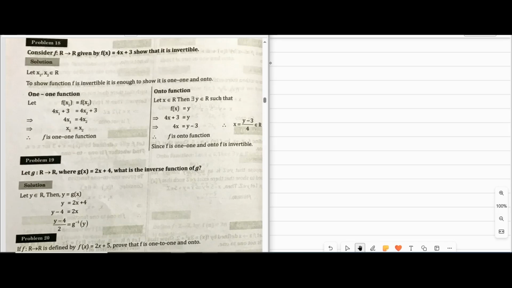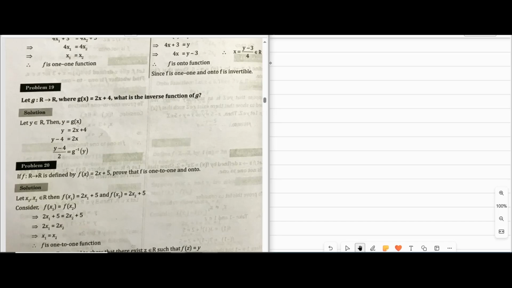Okay. Then moving on with the next one, you have g, where g is R to R, and g of x is 2x plus 4. We have to find the inverse of g. First, to find the inverse of g, what should we do? We have to show it is 1 to 1.